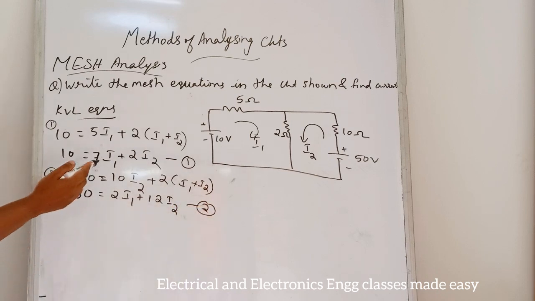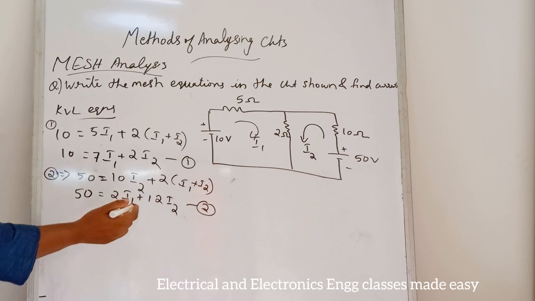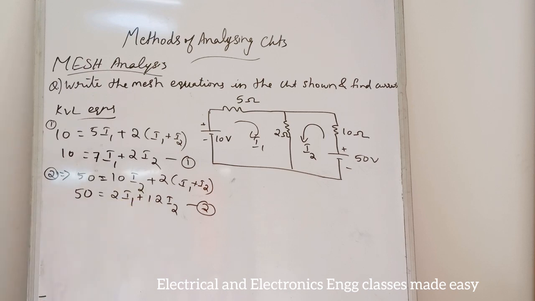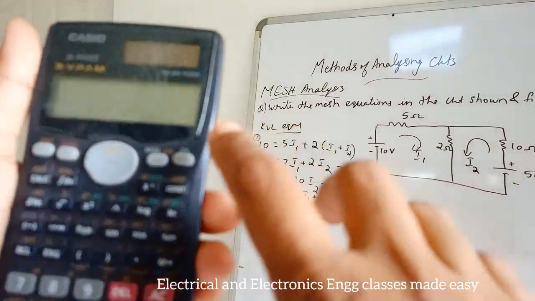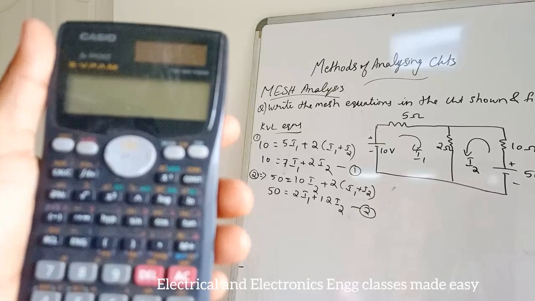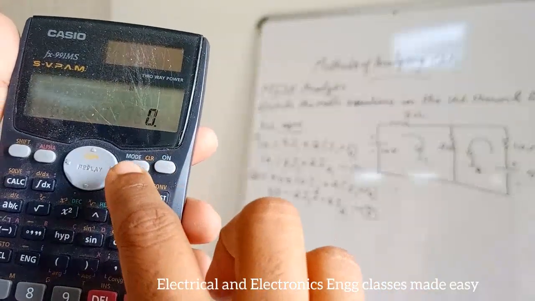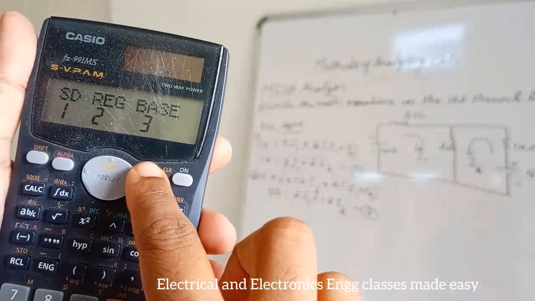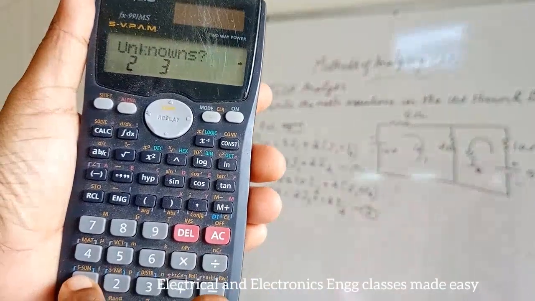On solving these two equations, we get the values of I1 and I2. Using a scientific calculator, we can easily solve these two equations. In the calculator, first of all, the mode is selected as equation, that is 1.